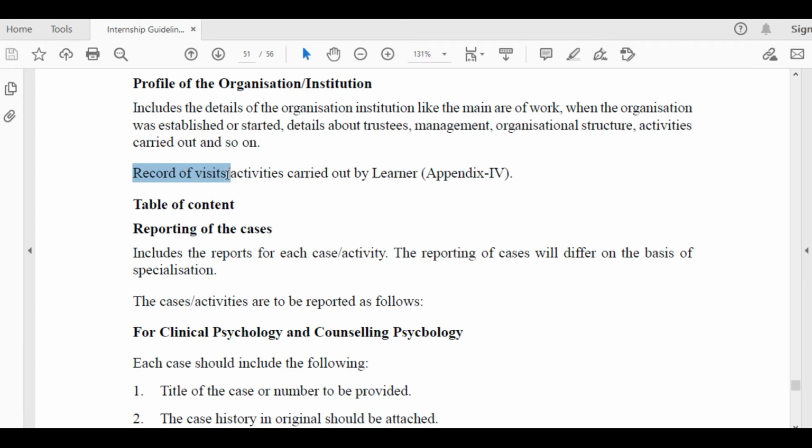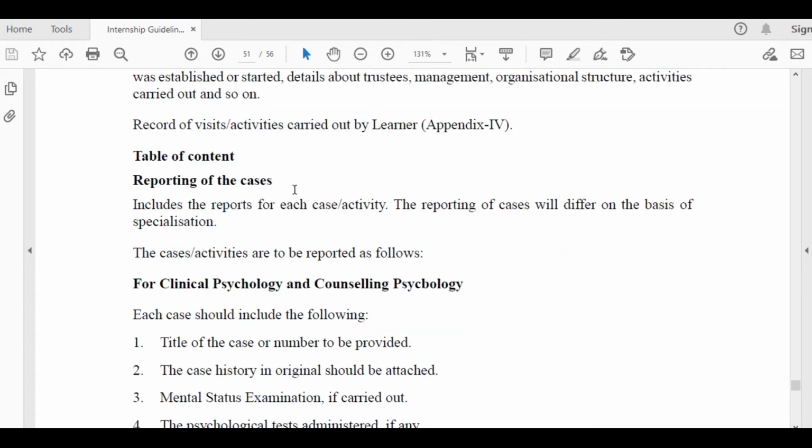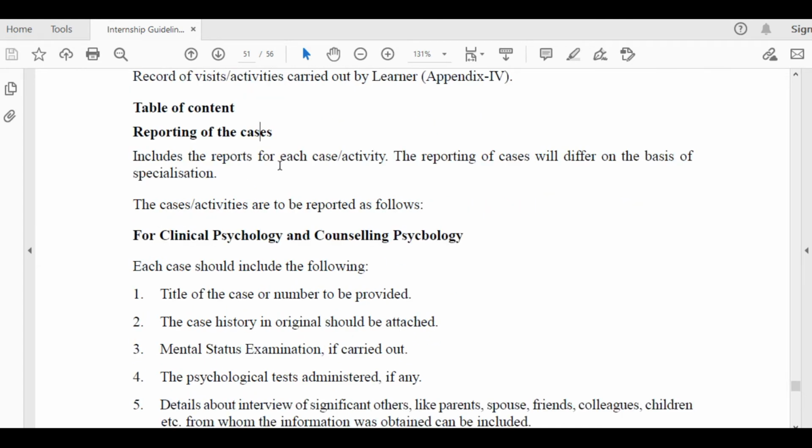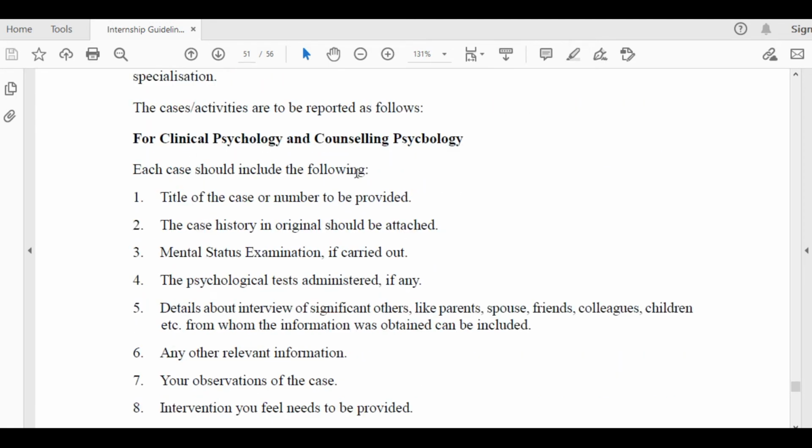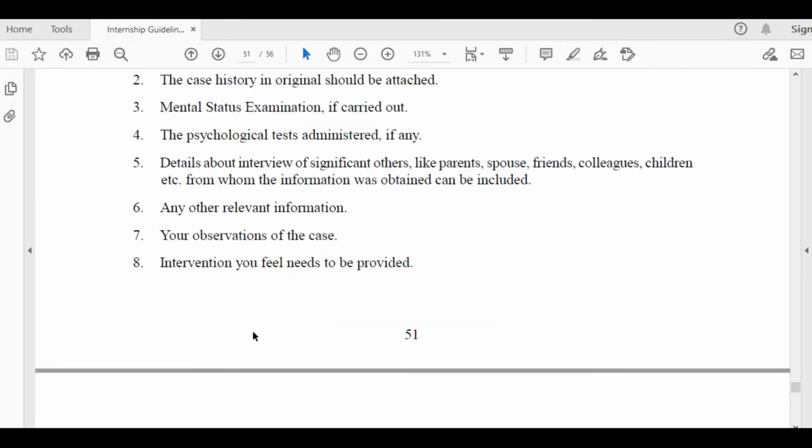After the record of visits, that is the fifth document to be attached, we move on to the table of contents. Now the actual contents will start: reporting of the cases. That includes each of your cases. So case 1, case 2, case 3, that way you have to write down 10 cases. Each case should include the following points, 1 to 8.